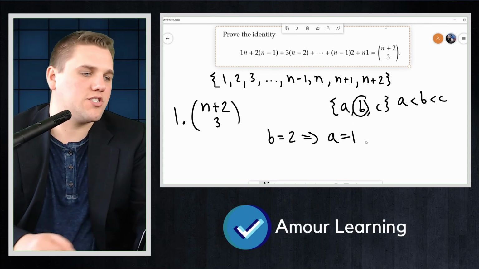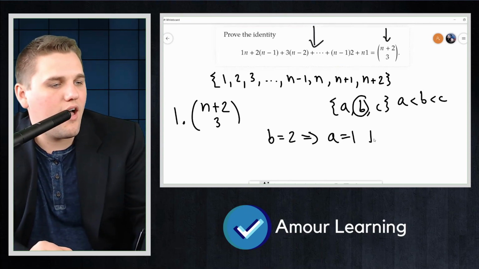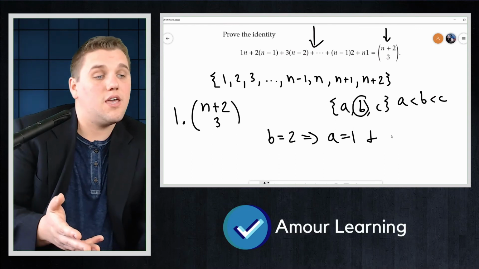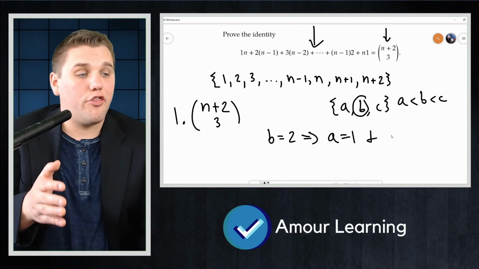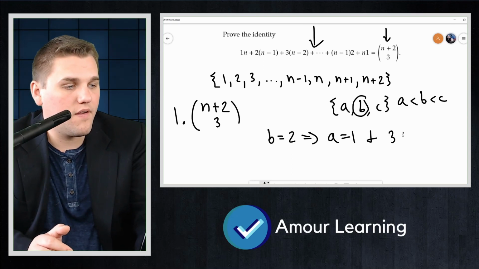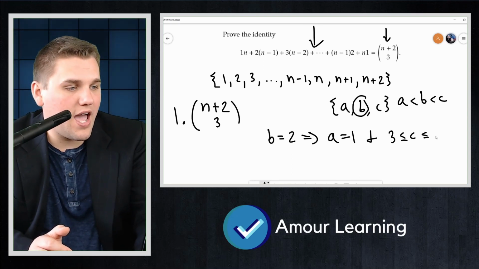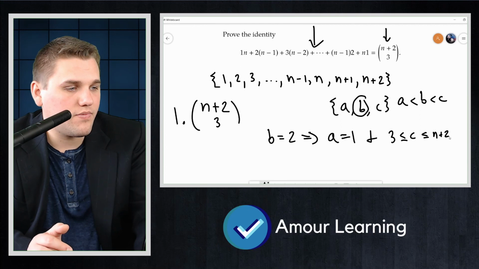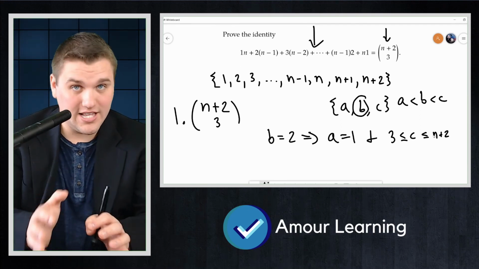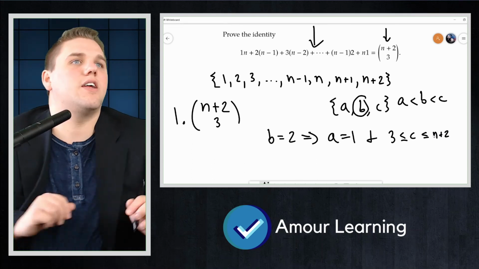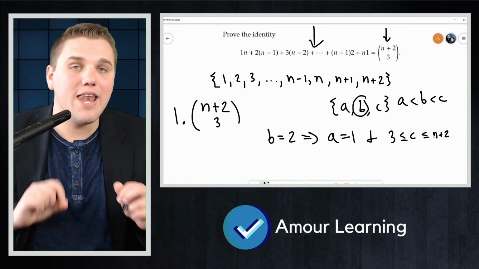What about C? What else do we know about C? Well, for C, C could be any number between 3 and n plus 2. It could be any number there. How many different numbers can C be there? Well, in that scenario, it is n minus 1.